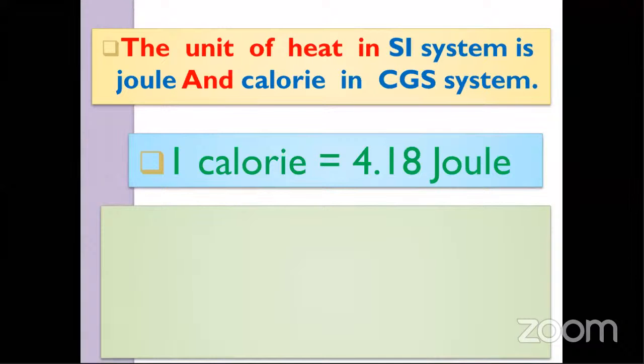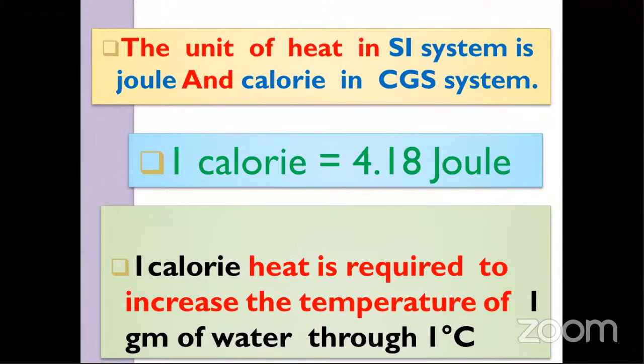Students, this equation is important for you because while we solve the examples, we use this equation. So remember, 1 calorie is equal to 4.18 joule.